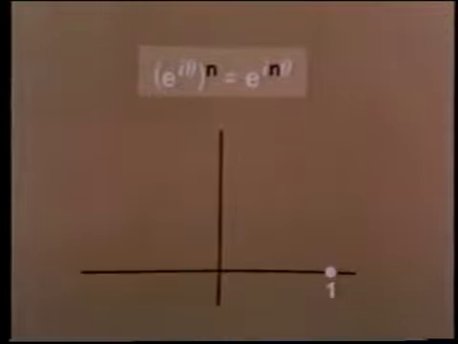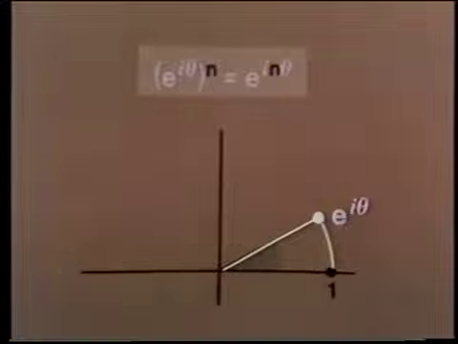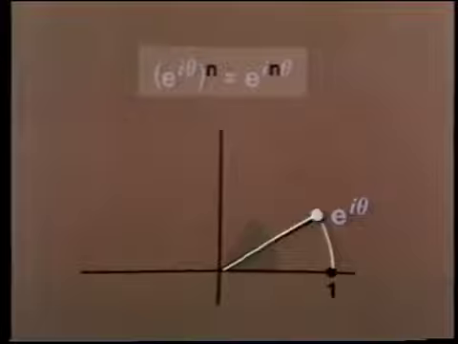As an algebraic formula, this looks obvious. But what does it look like geometrically? We won't worry about r for the moment. We'll just look at powers of e to the I theta. That's e to the I theta at an angle theta. To multiply by another e to the I theta, you rotate through a further angle theta.